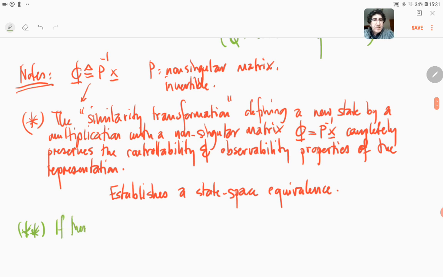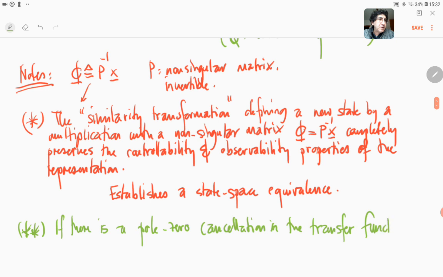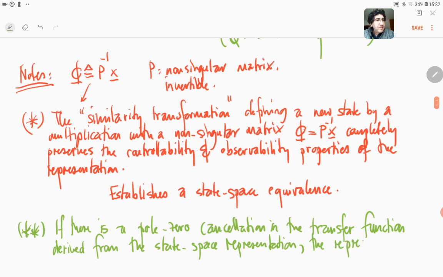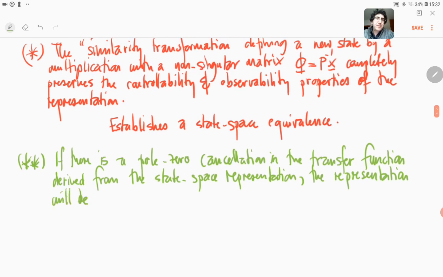So if there is a pole zero cancellation in the transfer function derived from the state space representation, the representation will be uncontrollable, unobservable, or both.